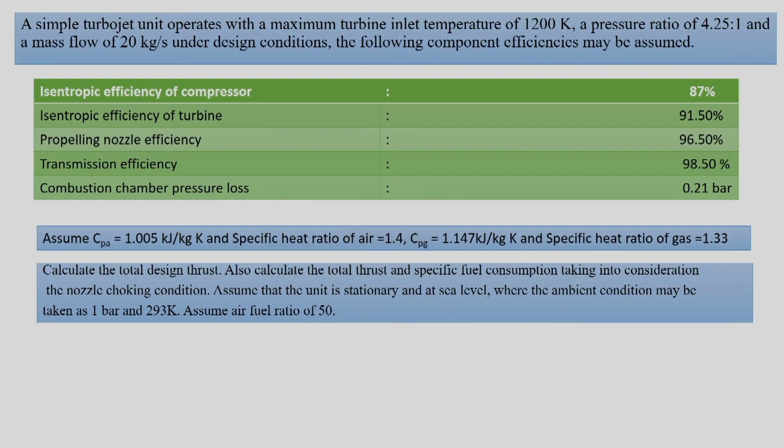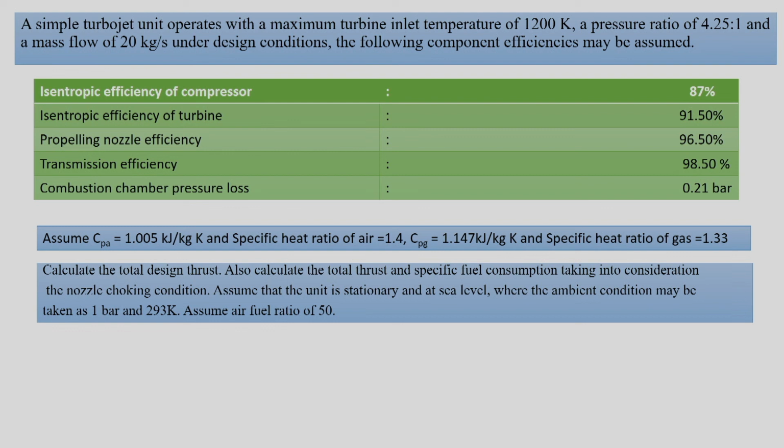Let us proceed with an example which states that a simple turbojet unit operates with a maximum turbine inlet temperature of 1200 Kelvin and a pressure ratio of 4.25:1 and a mass flow of 20 kg per second under design conditions.